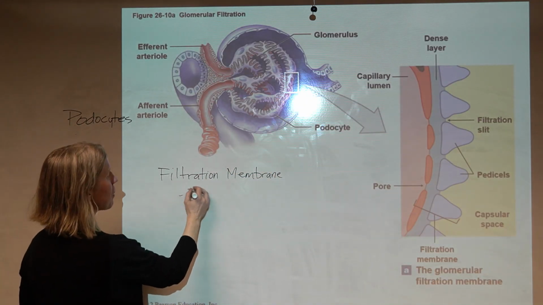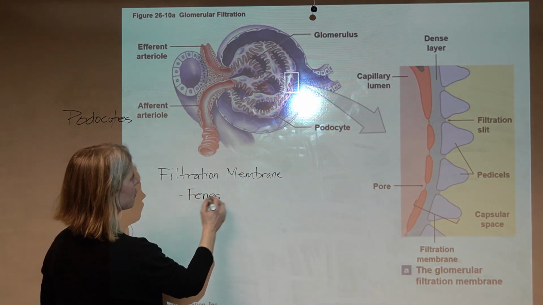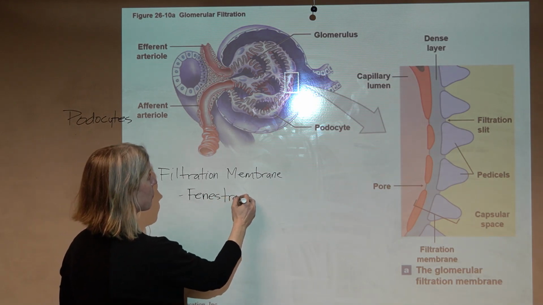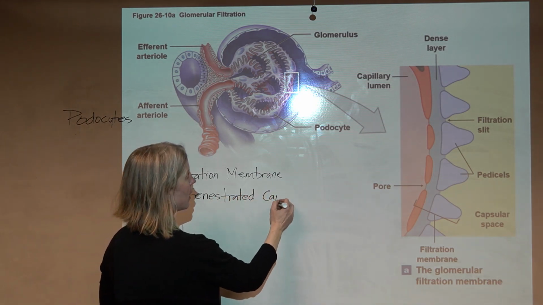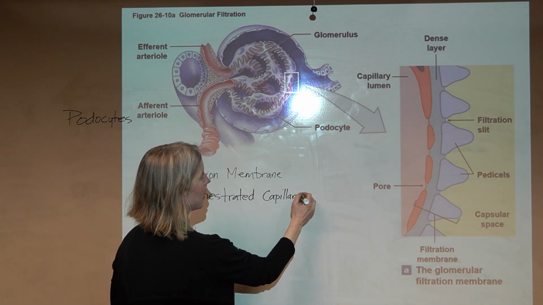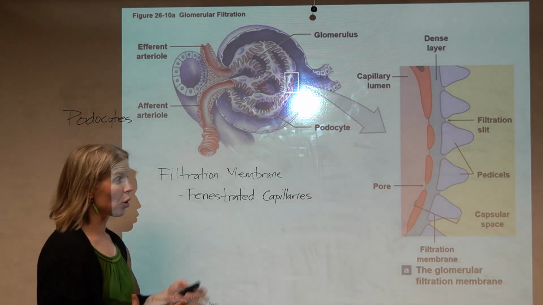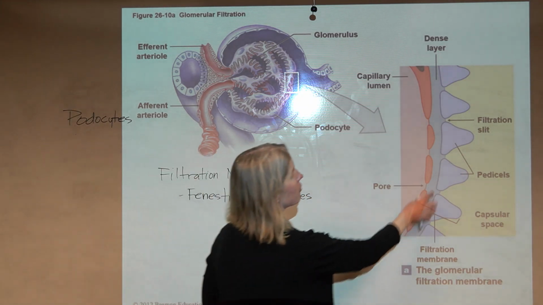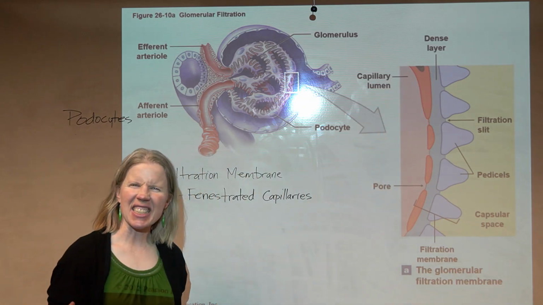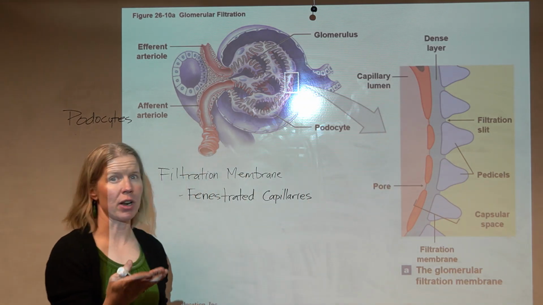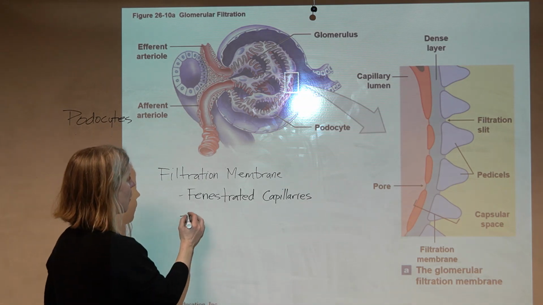So the filtration membrane is made up of the capillaries, these fenestrated capillaries, right? So there are pores in them. We also have this, what they're calling the dense layer. It's essentially the basement membrane, always underlying an epithelium.